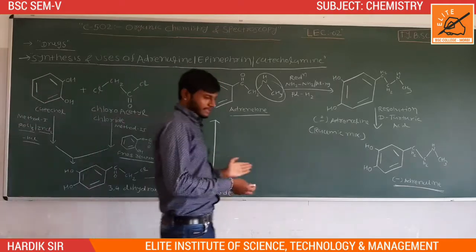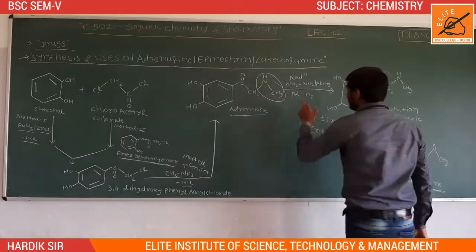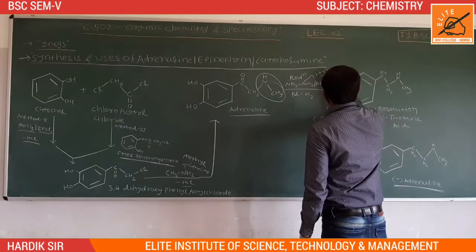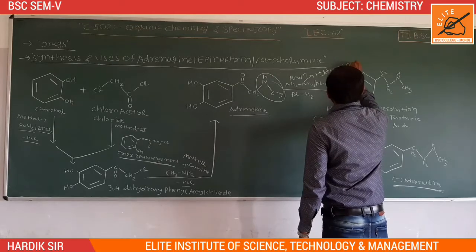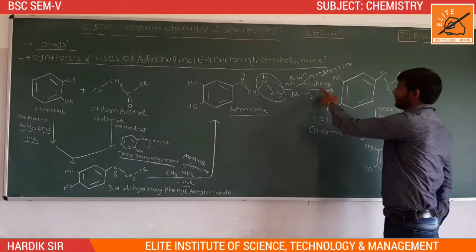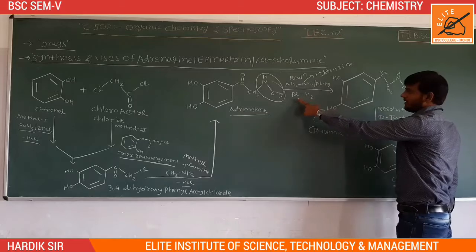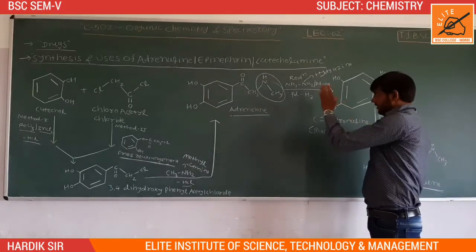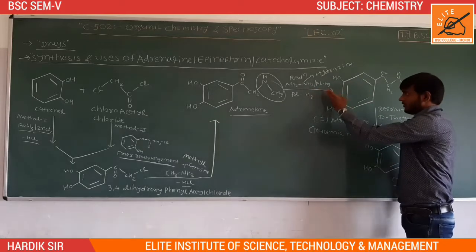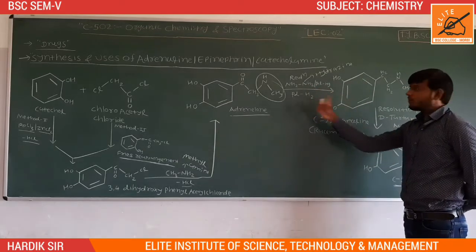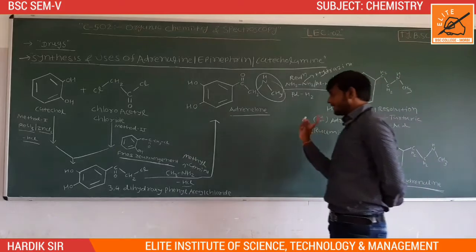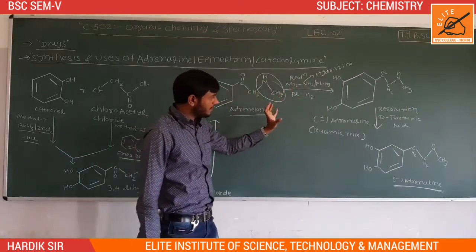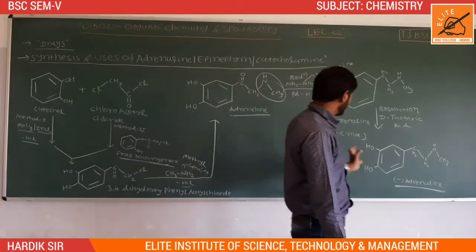Now it is reduced with hydrogen and a metal, aluminium mercury amalgam or palladium with hydrogen, to produce a racemic mixture of adrenaline.